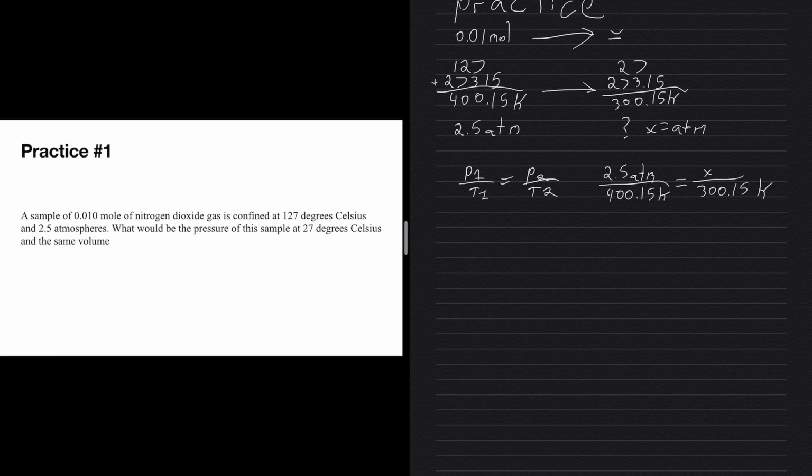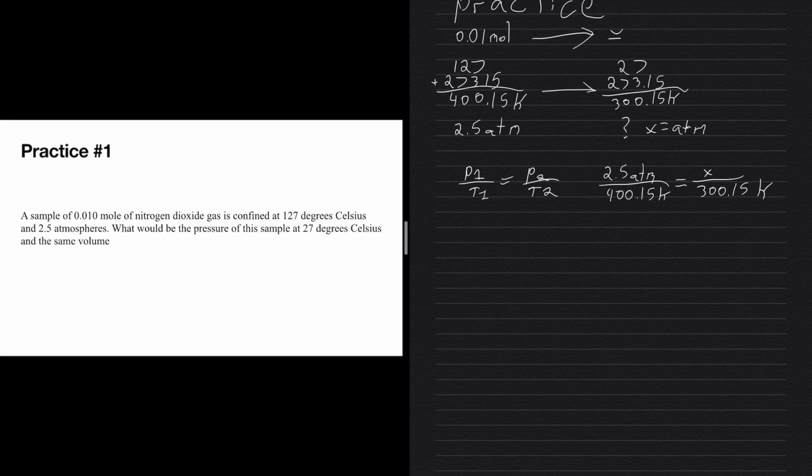Now it's just solving. So we know that 2.5 over 400.15 is equal to x over 300.15.